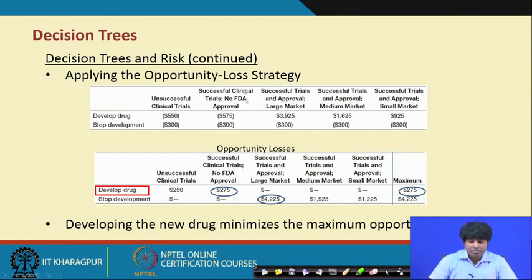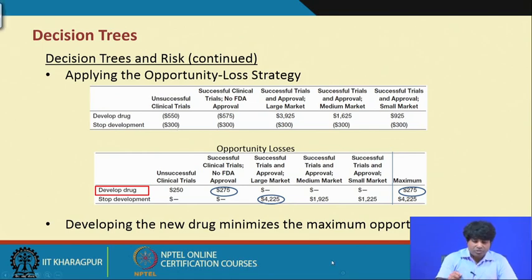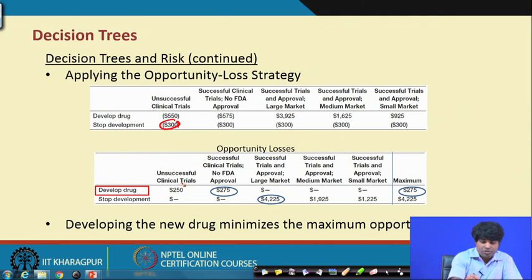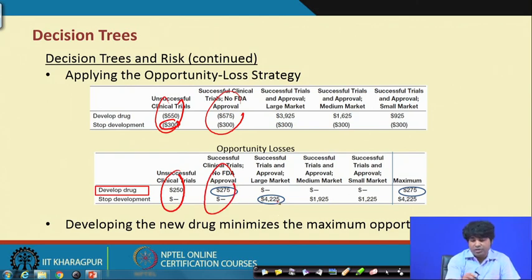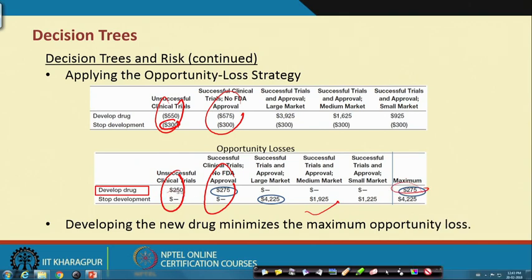Again, having the same input tables here, we can apply the opportunity loss strategy, then pick up the decision. Here we have to find out the minimum, and for instance, in this case the minimum is 300. Ultimately, this particular column will transpose to this one. Similarly, here 300 is the minimum. This will be the transposed matrix, then finally, the entire matrix will be transposed into this matrix, and then again we pick up the maximum one out of all these possible cases. Again we have to find out the maximum one out of all these possible cases.